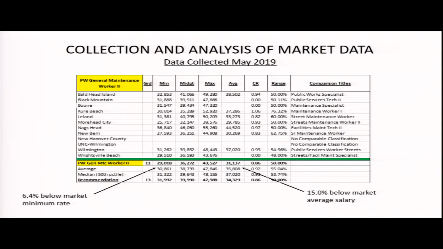Now, when you look at the individual employees in that classification, your average salary is $31,000. The average salary of those that I did have data for is 15% greater. So you're looking at $31,000 compared to $35,000 if you looked at individual employees.